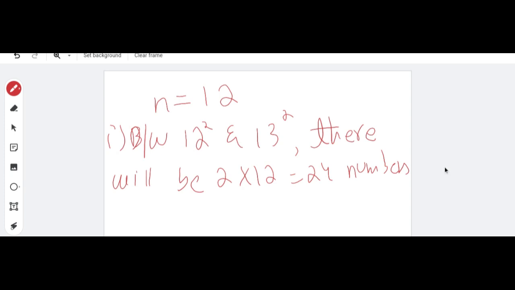So can you do the second and third parts and give me the answer? You just have to do 2n. You can just say 2 multiplied by 25, and then 2n is equal to 2 multiplied by 99.